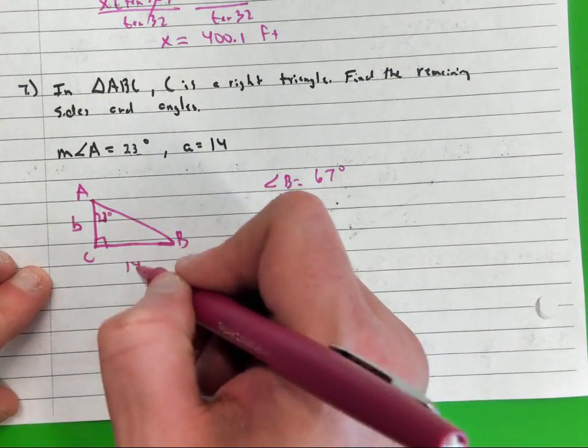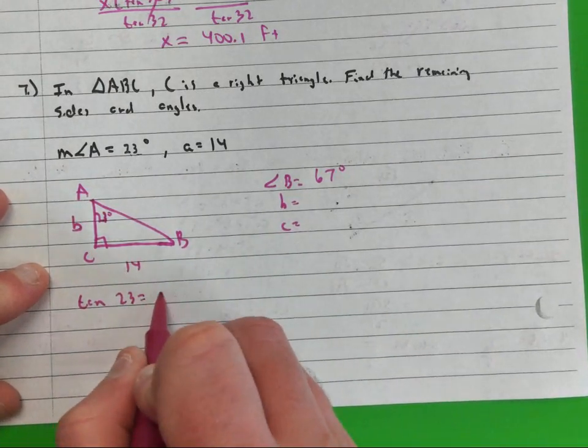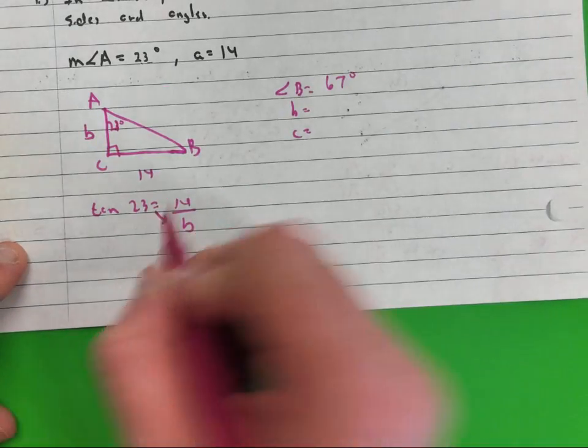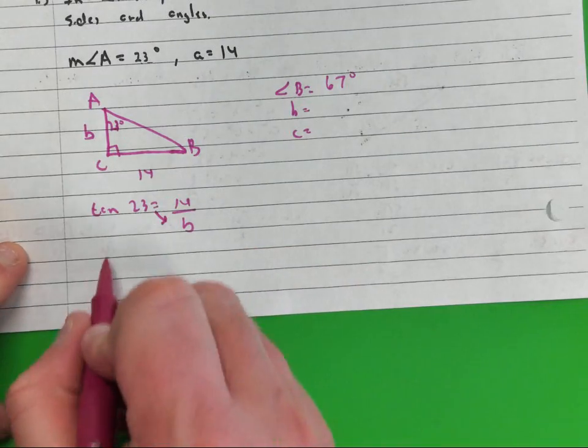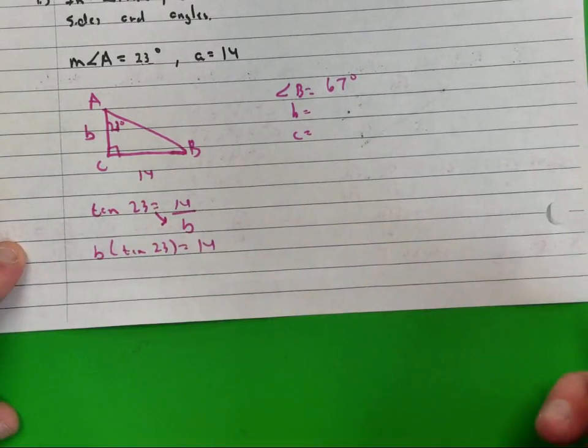Now I want to find side B, which is right here. What is my relationship here? Opposite and what? Adjacent. Tangent of 23 equals 14 over B. I'm going to do what next? Cross multiply. Very good. B times tangent of 23 equals 14.